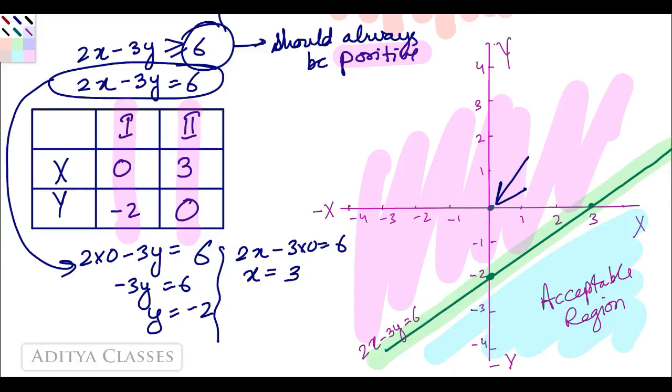This is how we will be plotting these constraints. Now there can be a little variation of these constraints. Let us take that variation also and then we'll go to certain questions, probably in the next video. In this video we'll just learn how to plot these constraints.